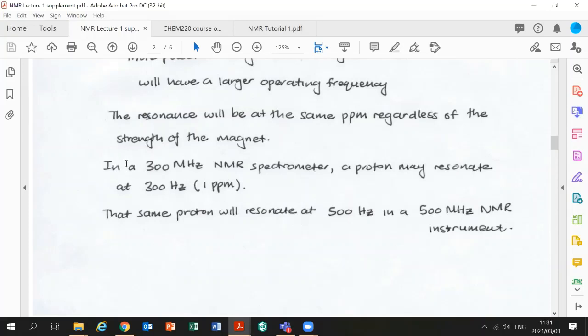If I put a carbon-13 nucleus in, the energy that I need to flip the spin changes, in this 300 megahertz instrument, to 75, right? A quarter of this. That's because the carbon-13 gyromagnetic ratio is a quarter of that of a proton.